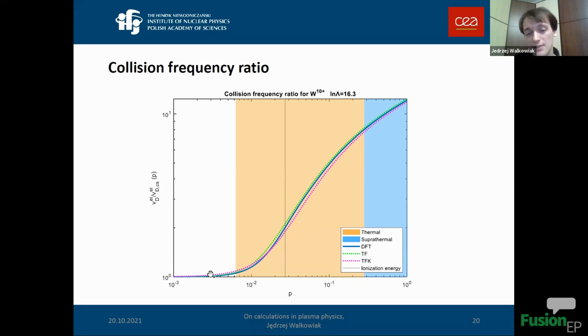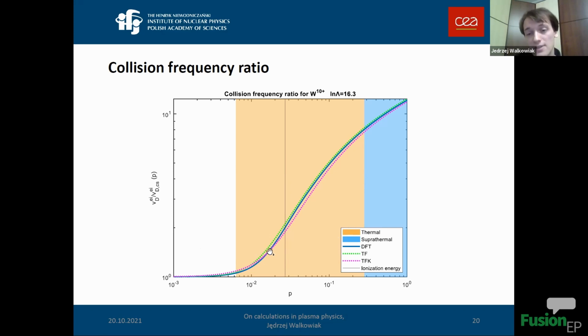In this case, if we include the partial screening effect, we can see that the collision frequency will be a few times higher than without including the partial screening. So it is quite an important phenomenon. The importance of this effect depends on the level of ionization of the given ion and on the momentum of the colliding electron.